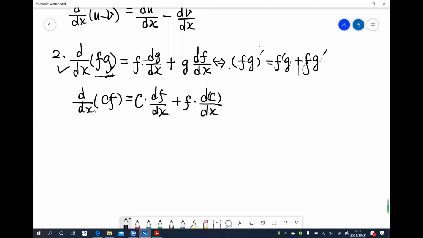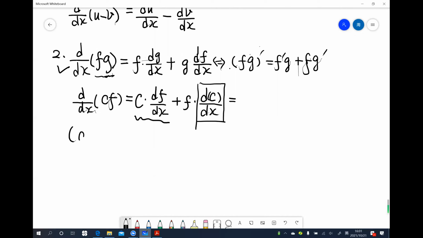So here you can see that the first part is C times df/dx, and plus the second part. Do you know dC/dx equals what? 0. Yes, C is a constant.